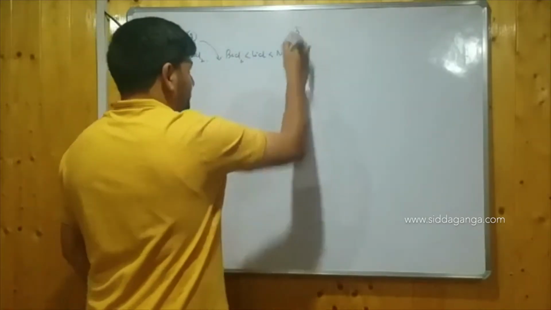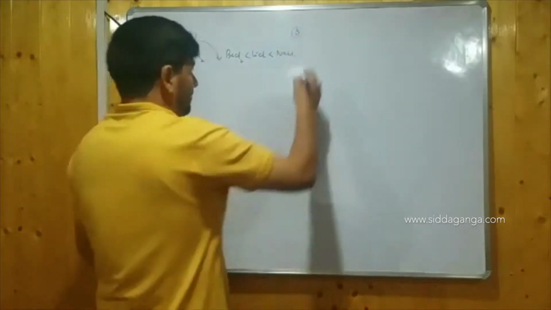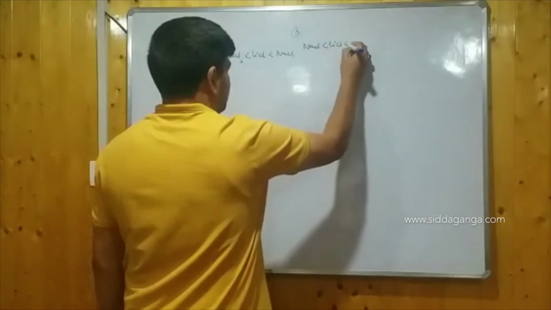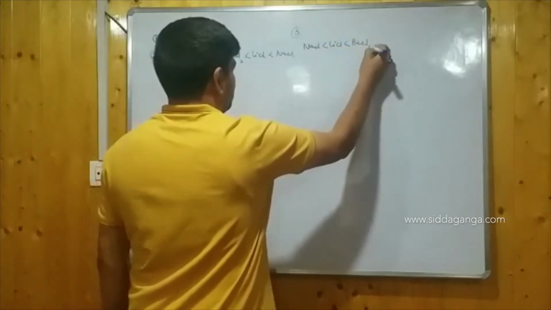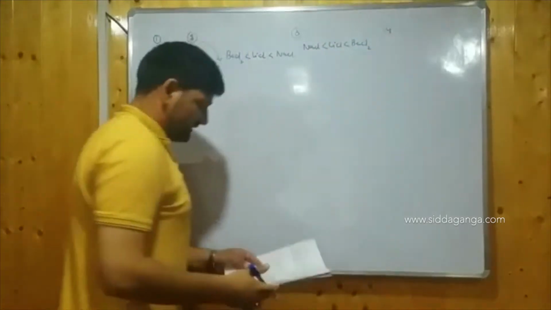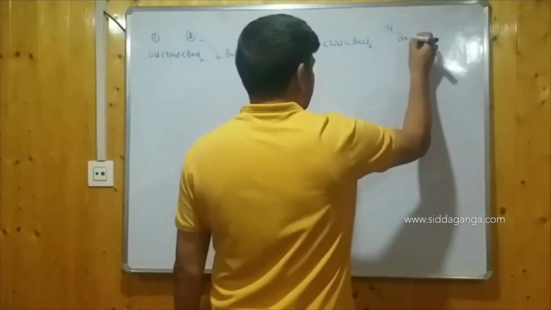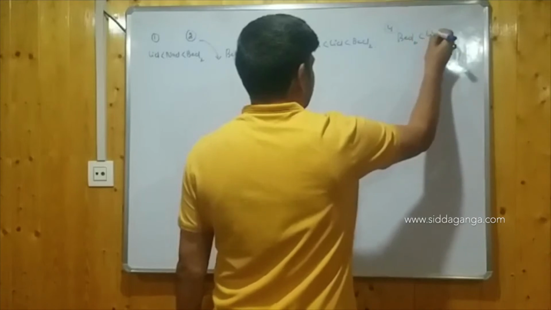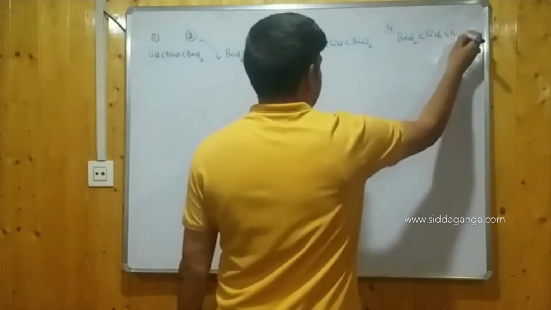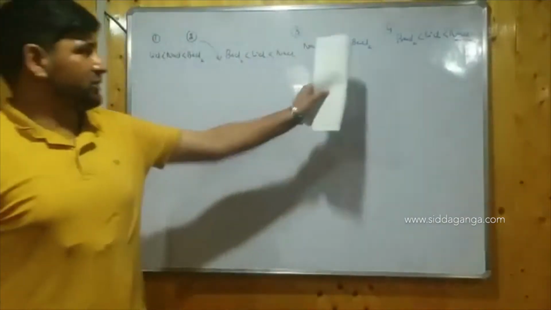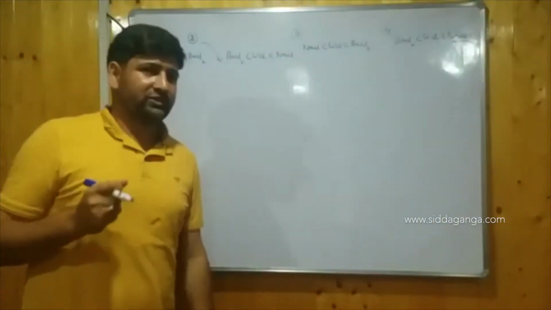Option 3 for us is NaCl less than LiCl less than BeCl2, and option 4 is BeCl2 less than LiCl less than NaCl. So in these 4 options, what is the correct order of increasing covalent character?